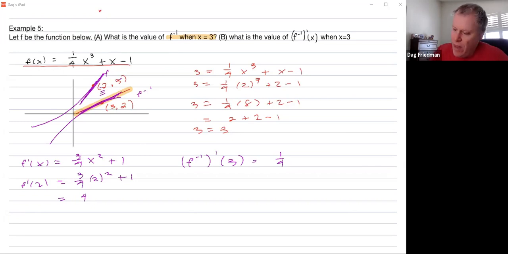Important thing number two, if I know the slope of the tangent line to one of the functions, then I know the slope of the tangent line to the other function at that other point. So if I know the slope of the tangent line at (2, 3), then I know the slope of the tangent line at (3, 2). They're reciprocals of each other. Okay? Questions on that? I'm going to want to give you guys one to try, if I can find one. But are there any questions on that?